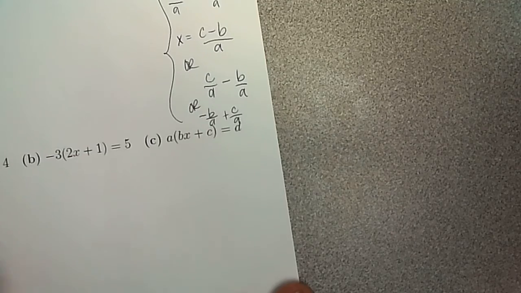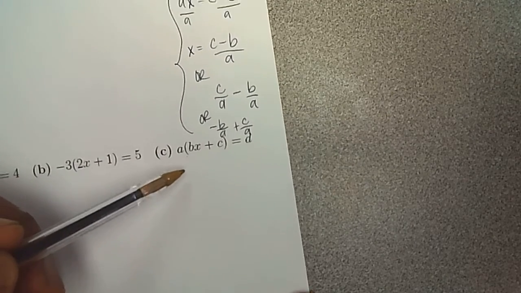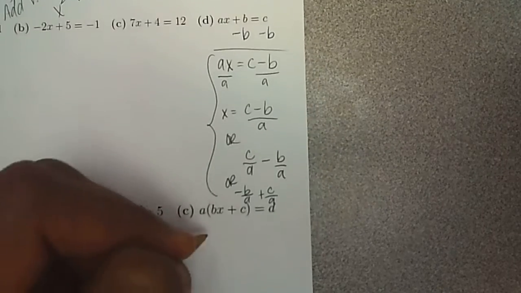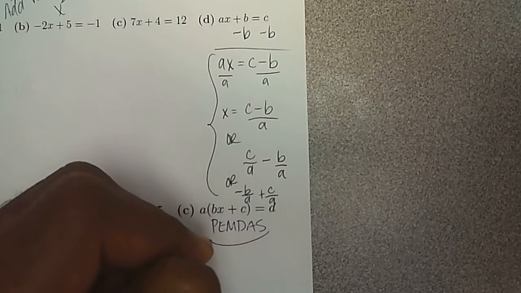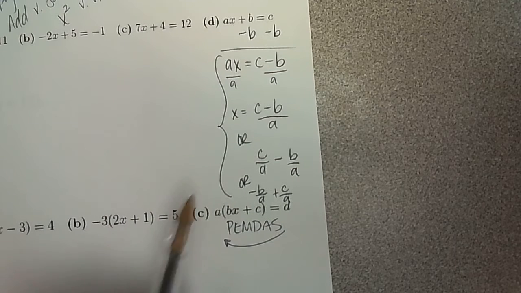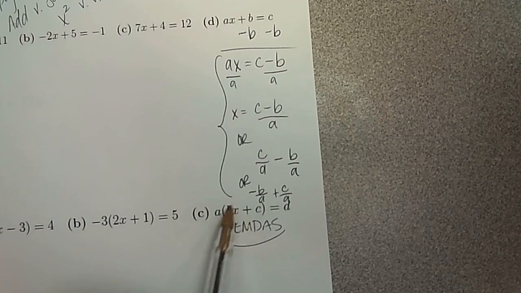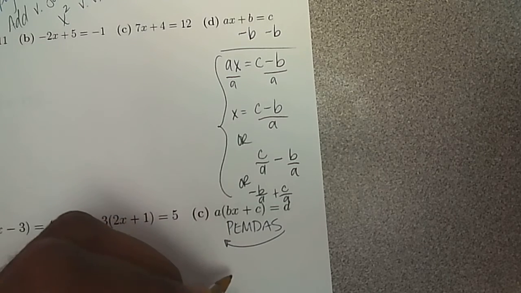Down here, if we go back to order of operations, you undo the order of operations to solve something. So inside the parentheses, I can't do anything, but next to parentheses is multiplication. The inverse of multiplication is division.